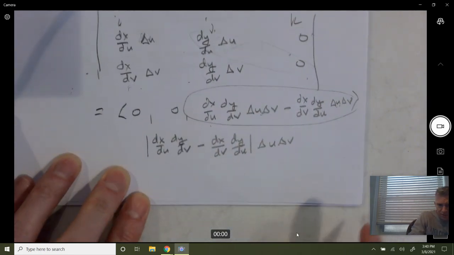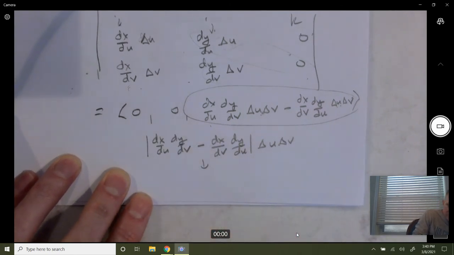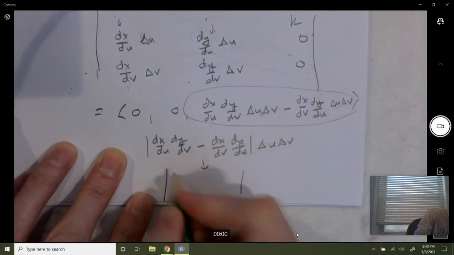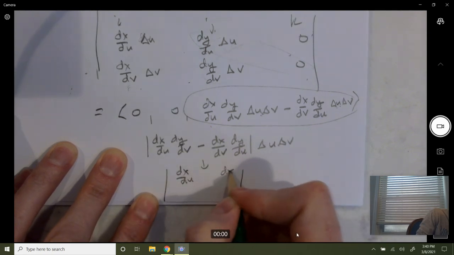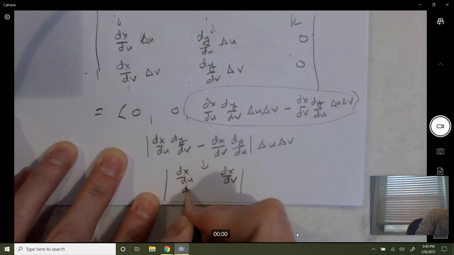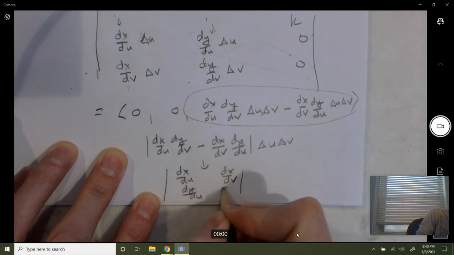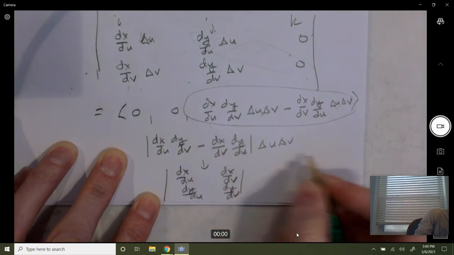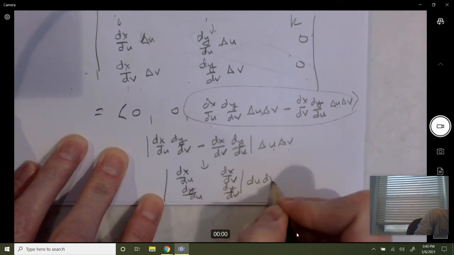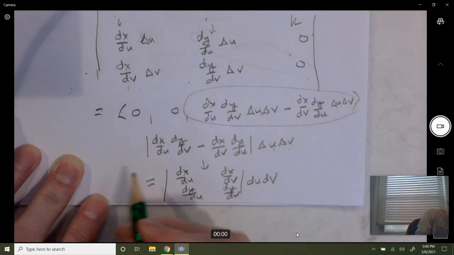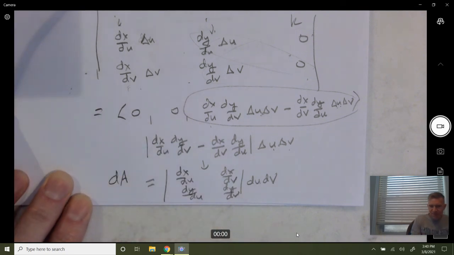Okay, starting to look familiar. This thing right here is your Jacobian. That's just your dx du, dx dv, dy du, dy dv, and as these become infinitely small, that's just your du dv. Okay, so this is your new dA.